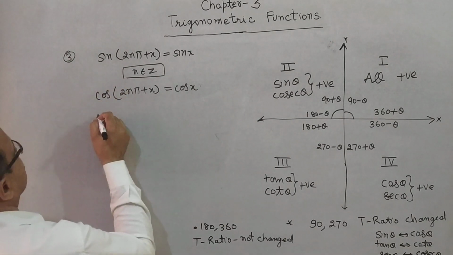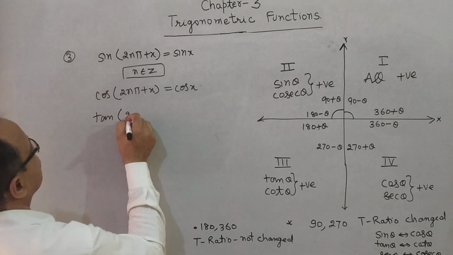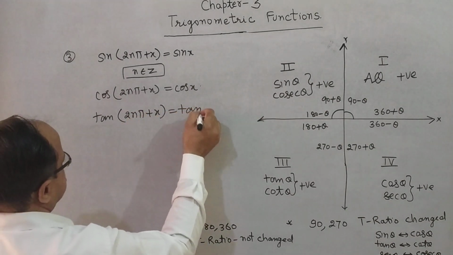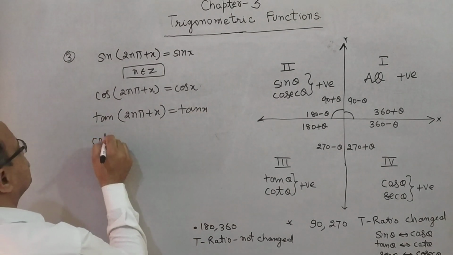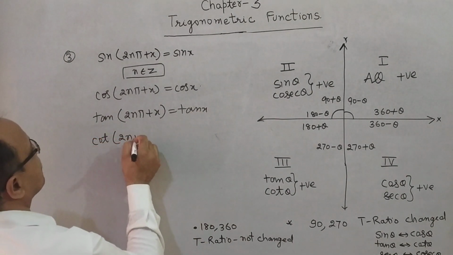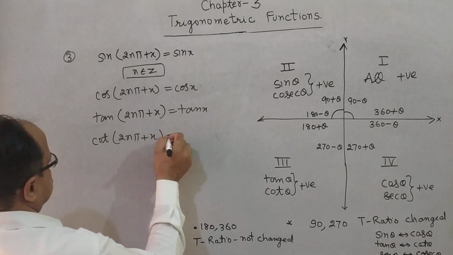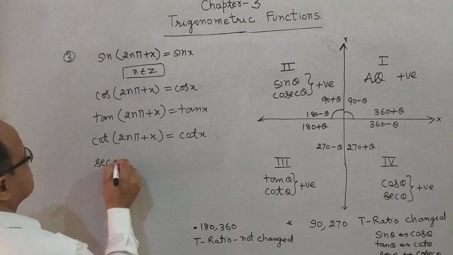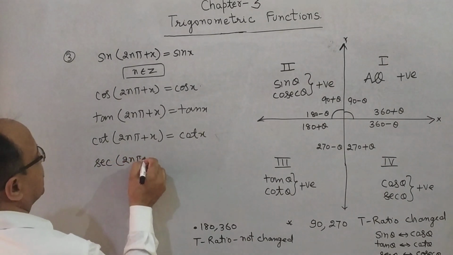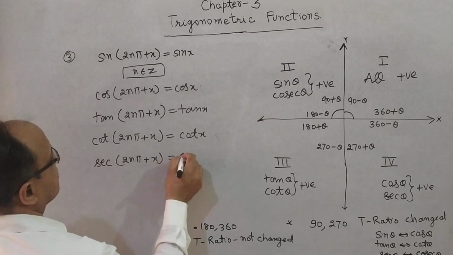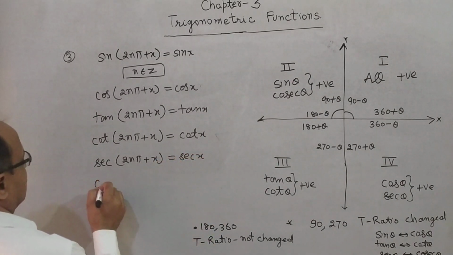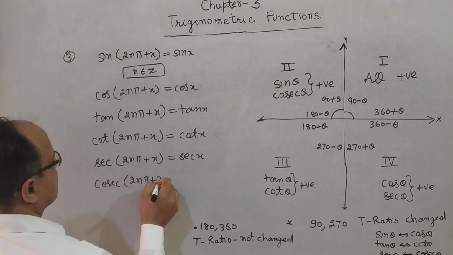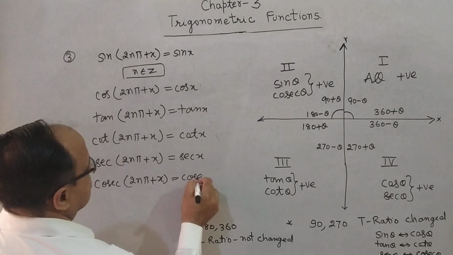This formula holds for all t ratios: tan of 2n pi plus x is equal to tan x. Cot of 2n pi plus x, that is cot x. And sec of 2n pi plus x, that is sec x. And cosec of 2n pi plus x is equal to cosec x.